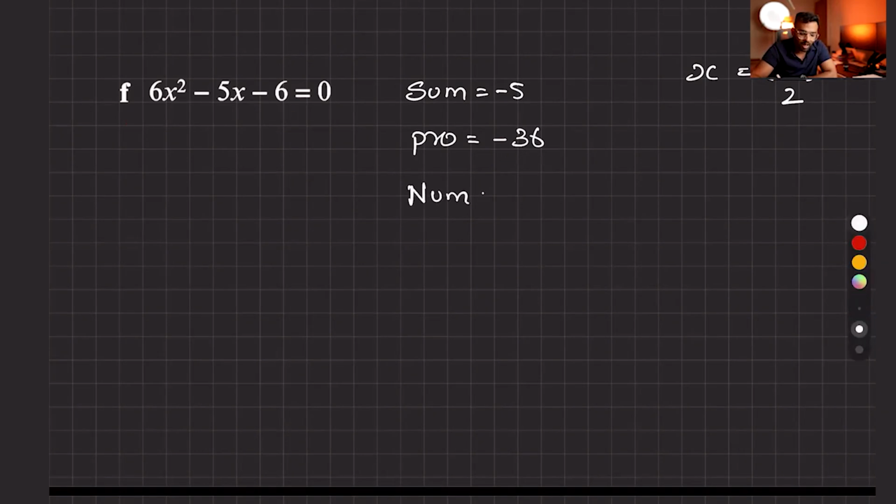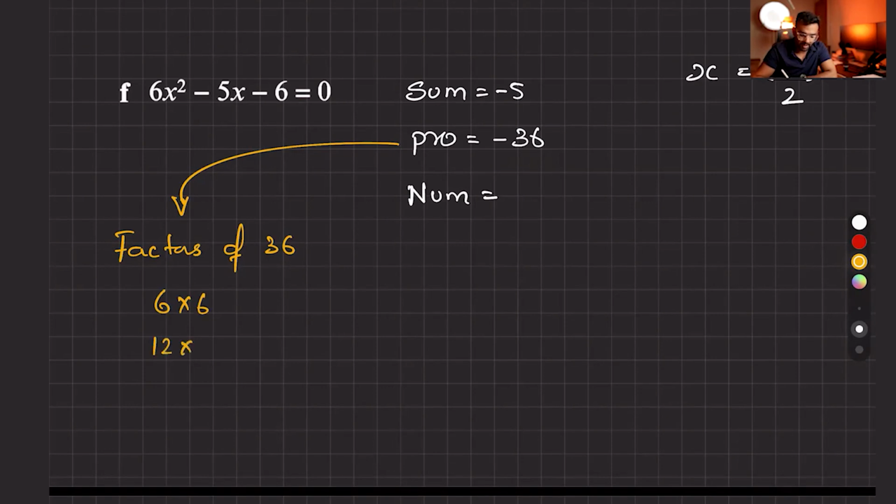Now we have to come up with two numbers. If you multiply them, you get minus 36. But if you add them, you need to get minus 5. What would you do? We will find factors of 36. What are the factors of 36, guys? 6 times 6, 12 times 3.